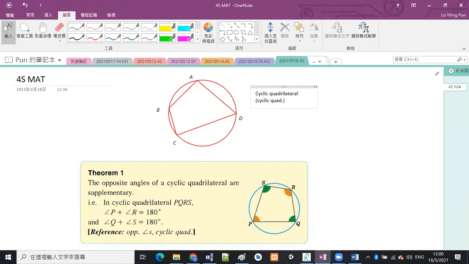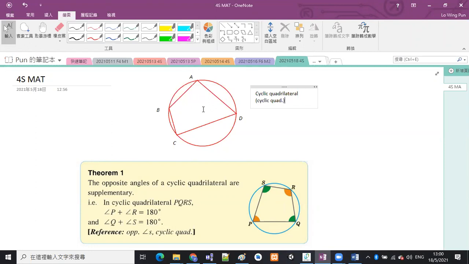得唔得？中文名叫做圓內接四邊形，cyclic quadrilateral。咁我哋 chapter 11 嘅第一個大 section，就係學下呢啲 cyclic quad 嘅 properties。好簡單嘅，好容易記，得兩個 properties 嘅啫。First one is that it is a four-sided polygon, right?